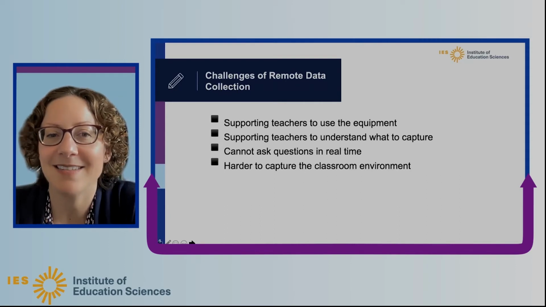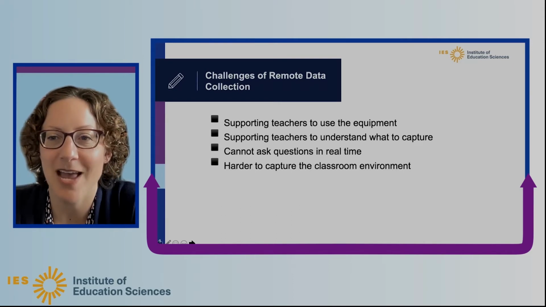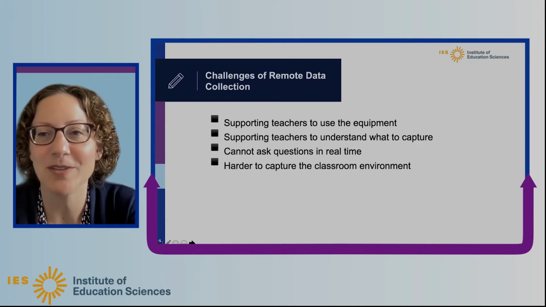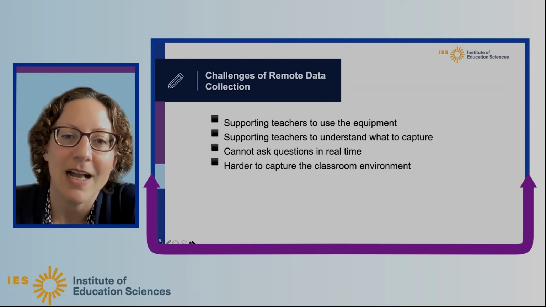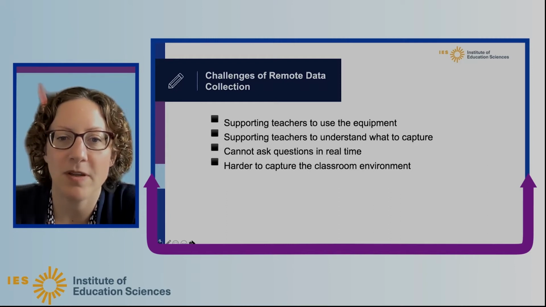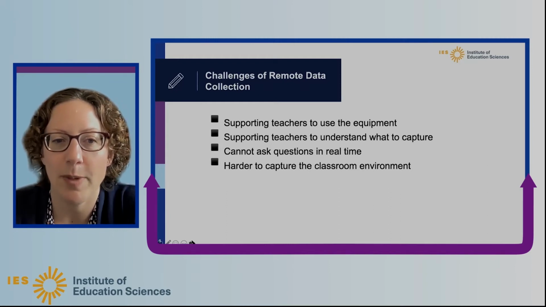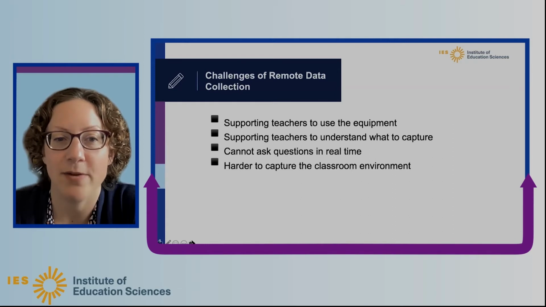We can't ask the teachers that we in the classrooms are observing questions in real time, and they can't ask us questions in real time, although we do give them a help email and help phone number. So sometimes we're in a classroom and we see things happening with instruction, and we can do a little follow-up interview right there to find out a little more information about why those decisions were made.